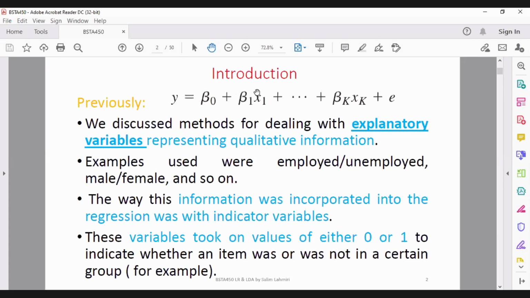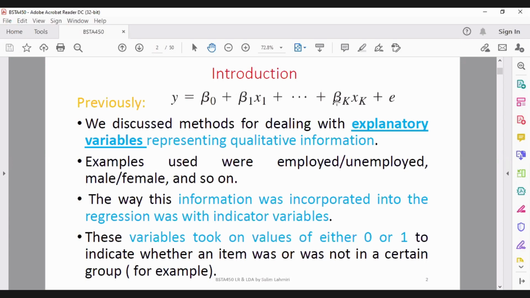X can be of different kinds: continuous, belonging to R; binary, meaning 1 or 0; or categorical, meaning that X is equal to 1, 2, 3 or 4, for example four classes. Examples used were employed and unemployed, male and female, educated and not educated, and so on.